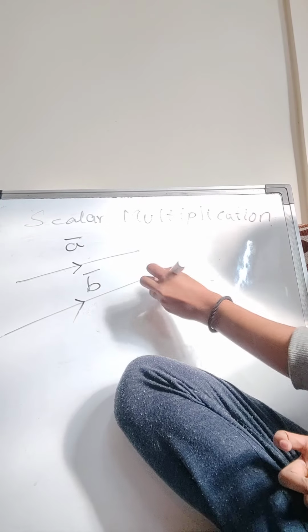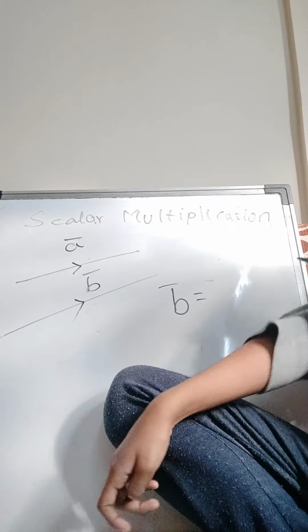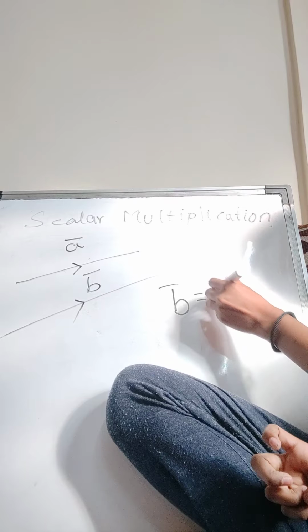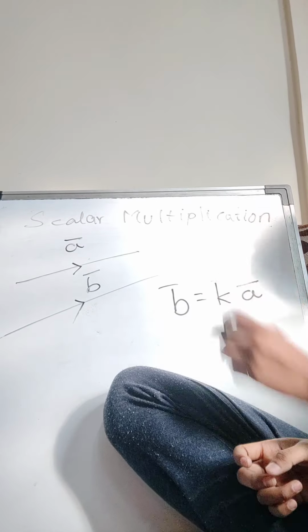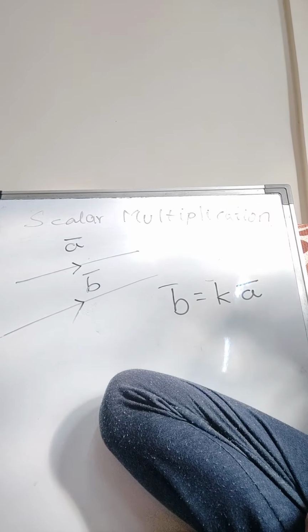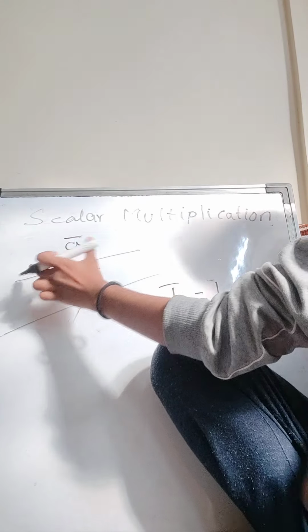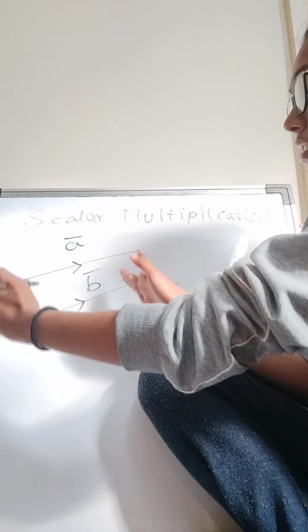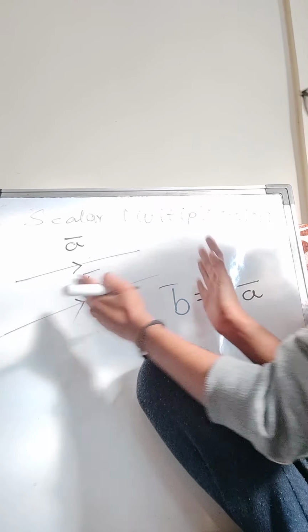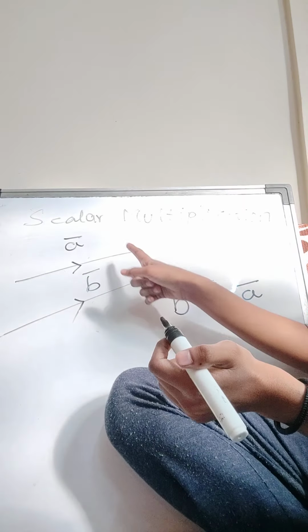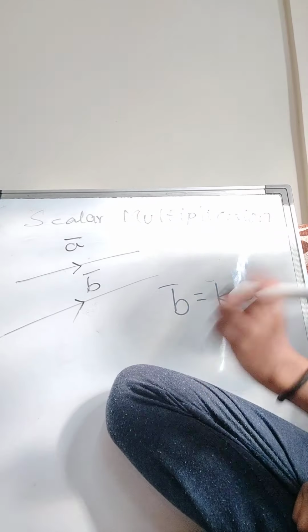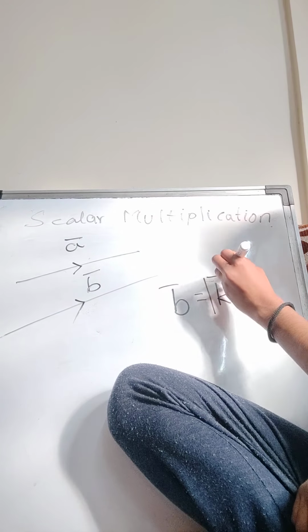B is equal to K times A bar, because B is greater. As you can see, B will be approximately 2 times A. So that is what I have written here, K.